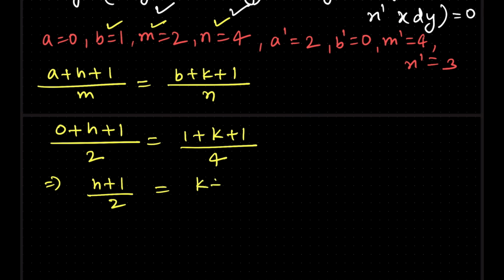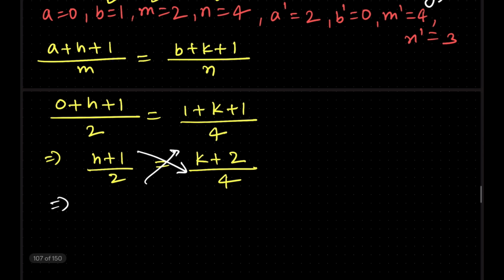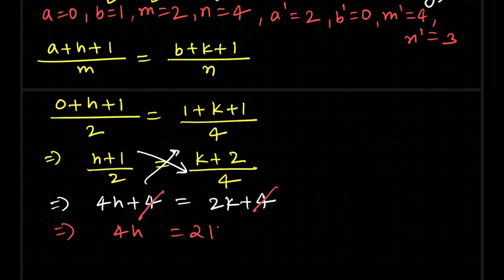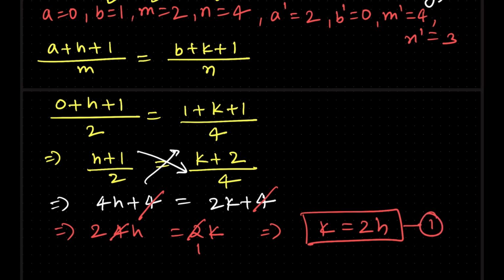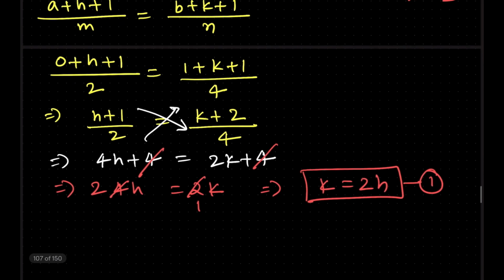So h plus 1 by 2, k plus 2 by 4. So do cross multiplication, you will get 4h plus 4 and 2k plus 4. So here you can see that 4 and 4 will get cancelled. You will get 4h is equal to 2k. So 2 will get cancelled with 4. So you will get k is equal to 2h as your first equation.